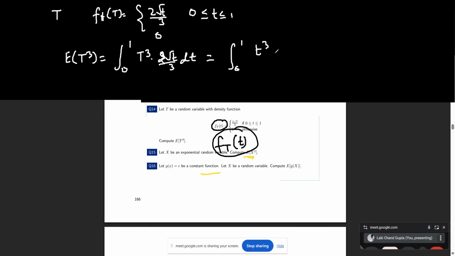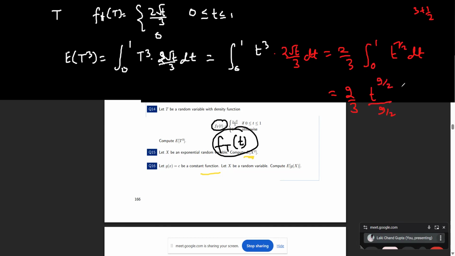So 2 over 3, 3 plus half, 7 by 2. Why? Because t is raised to 3 and this is half. So 9 by 2 upon 9 by 2.